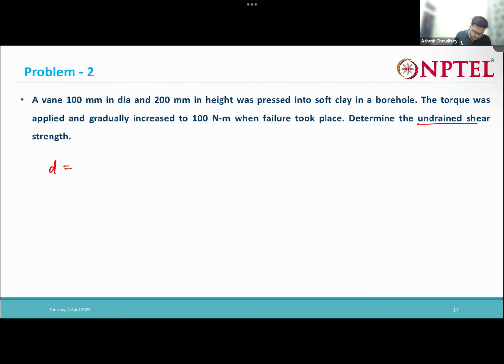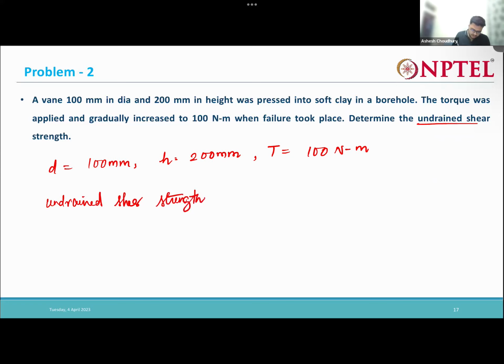So D is 100 mm, H is 200 mm, now my undrained shear strength is equal to torque by 6.